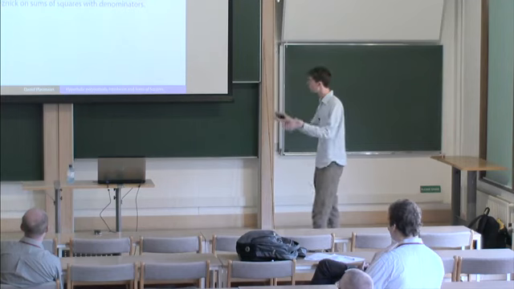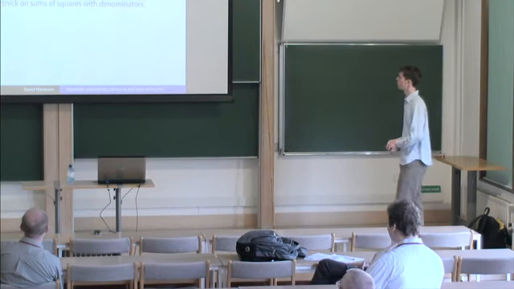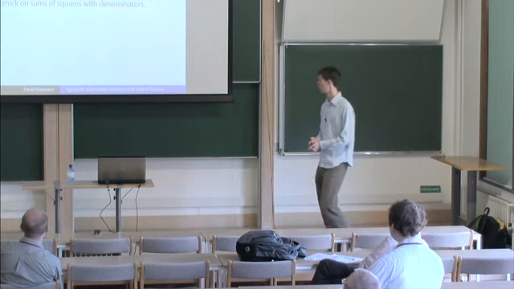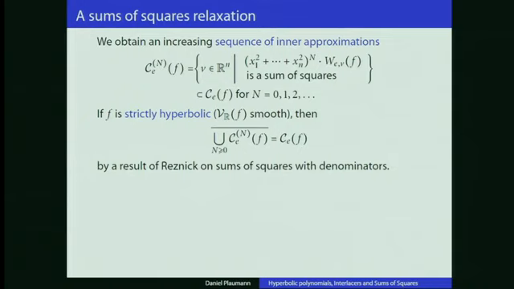As n grows, this will hopefully give you a better and better approximation of the hyperbolicity cone. That's a standard thing. It's a result of Reznick, that any strictly positive polynomial will be a sum of squares if multiplied by some sufficiently high power of such a polynomial.